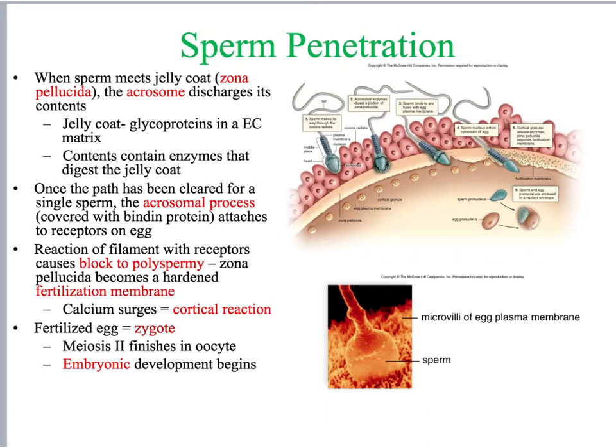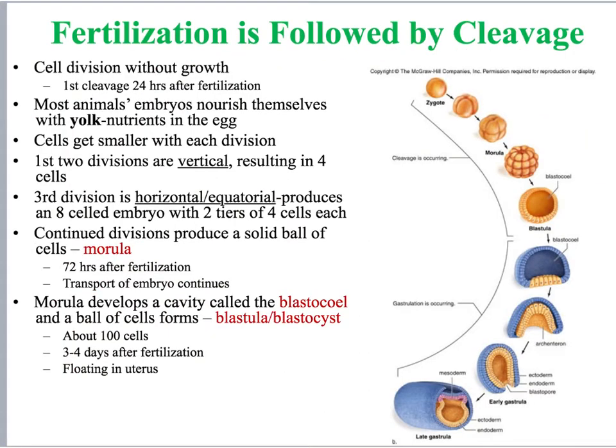Once we have fertilization, we have ourselves a zygote, then division and embryonic development start to occur. Fertilization is followed by a process called cleavage, and all cleavage means is cell division without growth. That means that the individual developing conceptus stays the same tiny size.